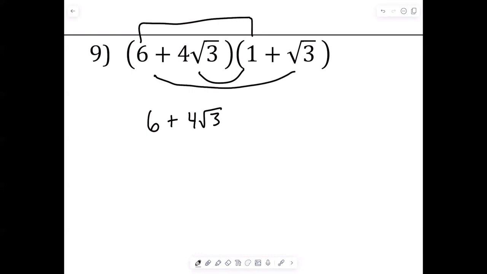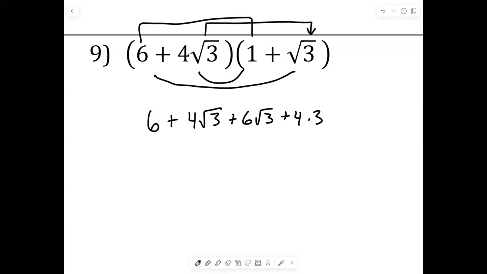What's that? 6 radical 3. And now I have to multiply 4 radical 3 times radical 3. 4 times 3. Thank you very much. 4 times 3. And again, it's positive because they were both what? They were both positive.